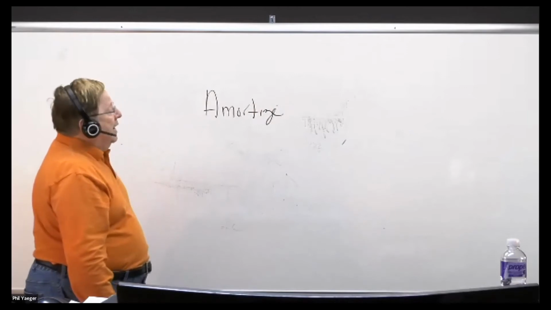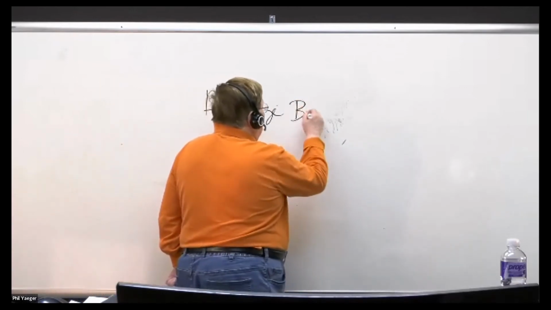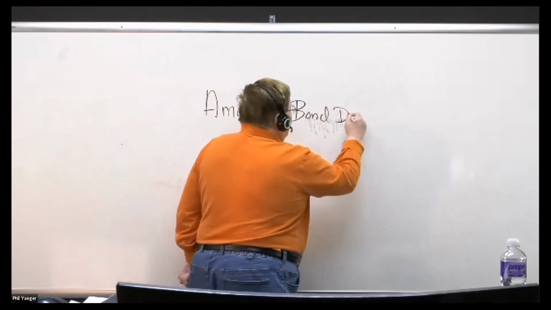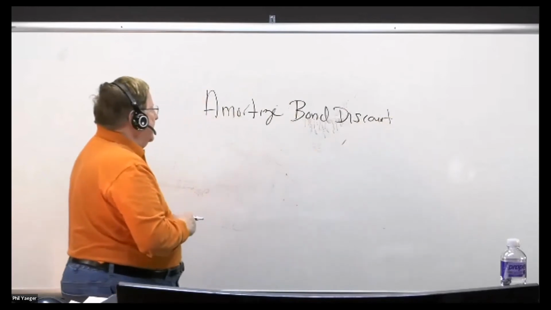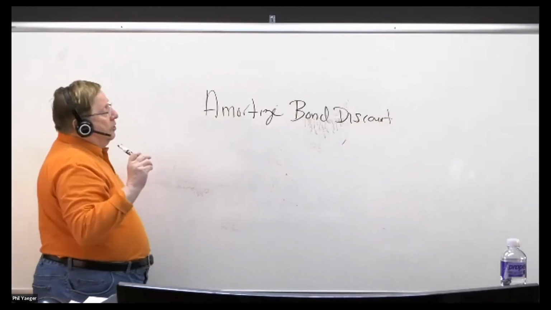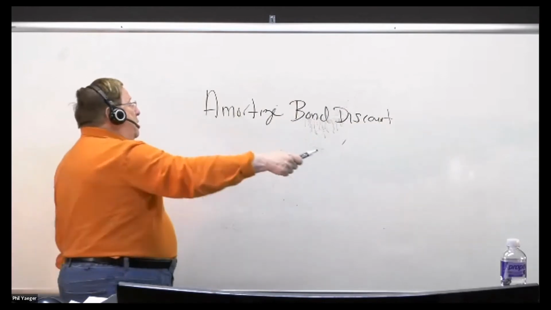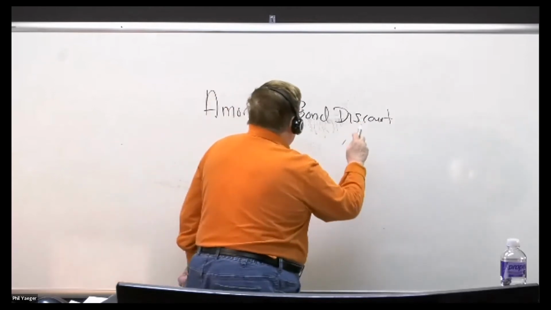Because that's what I owe at the end of 60 periods. So when you amortize bond discount, ask yourself this: are you, the corporation, ever going to get back that discount? No. Because at maturity, you have to pay the bondholders $1 million. So you have to pay them that bond discount.